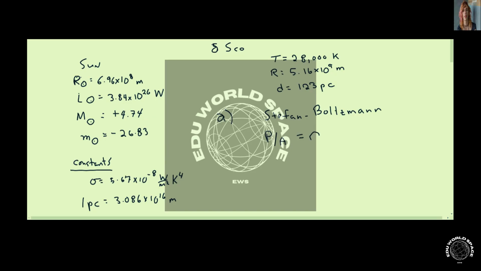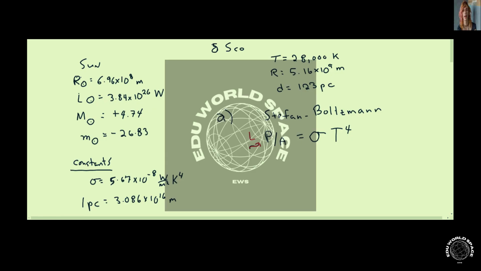That is equal to sigma, the Stefan-Boltzmann constant, which we have over in our constant area, times temperature to the fourth power. And what we recognize from here is that the power is actually the luminosity of the star.